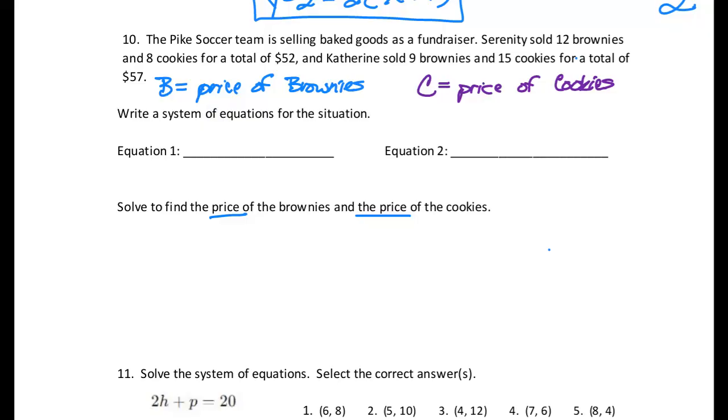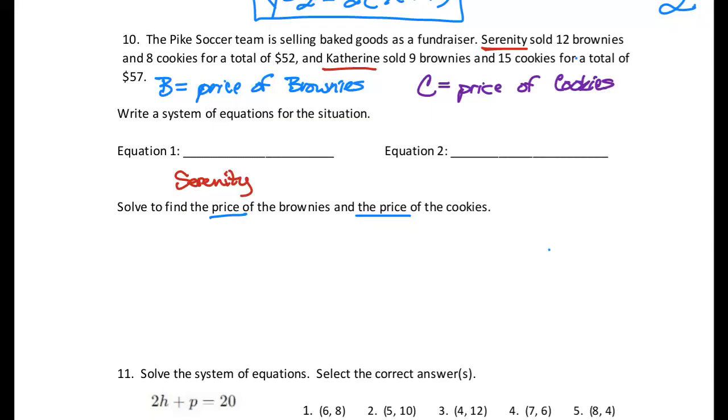So, Serenity sold 12 brownies and 8 cookies for a total of $52. Who can give me that equation for Serenity? Our 2 equations have to do with Serenity selling some items and the other one is Catherine. So who can give me Serenity's equation?